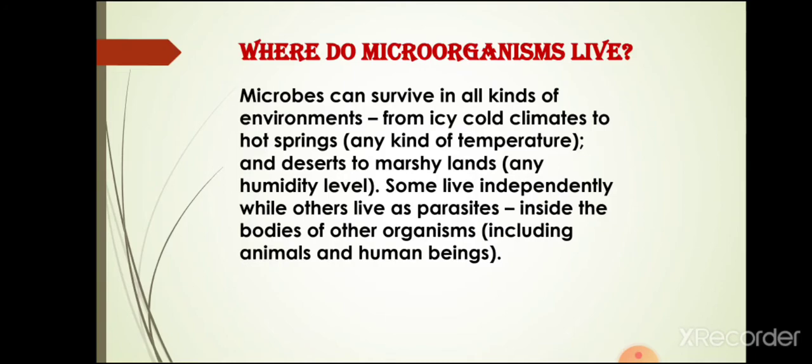They are also found inside the bodies of animals including human beings. Some microorganisms grow on other microorganisms while others exist freely. Microorganisms like amoeba can live alone while fungi and bacteria may live in colonies. So in this way we can say that microbes can survive in all kinds of environment.